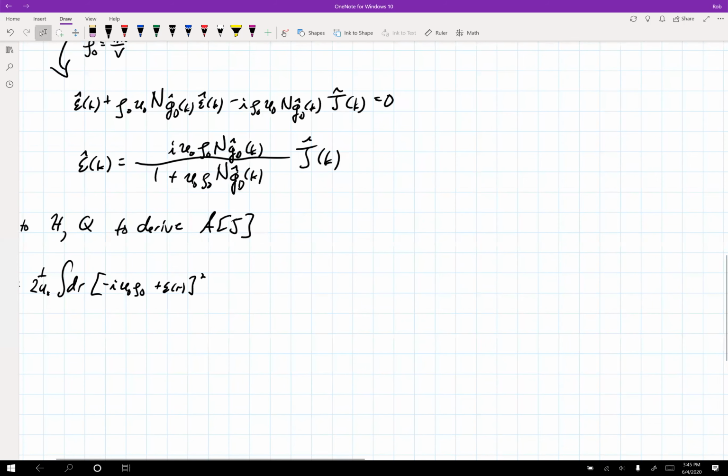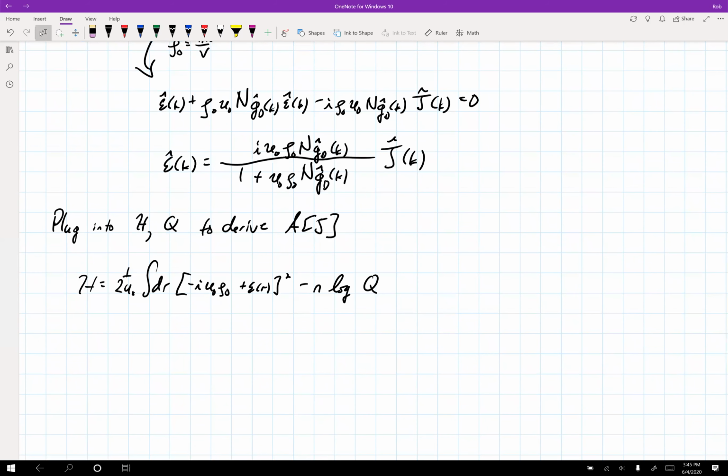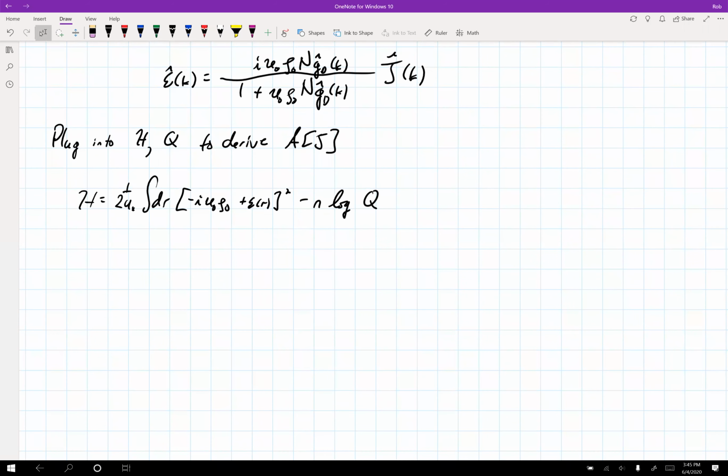So that's our w of r squared, then minus n log Q. And of course, with Q, we're going to end up using the weak inhomogeneity expansion version of it, and so we're going to end up with some rather cumbersome equations to simplify. But first, we can deal with this term because it simplifies quite readily. So let's deal with this first.